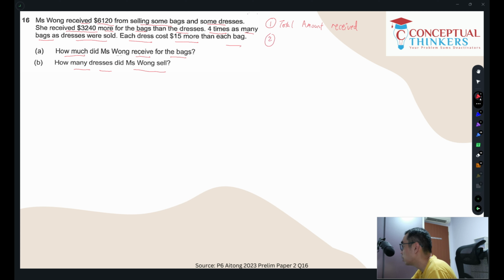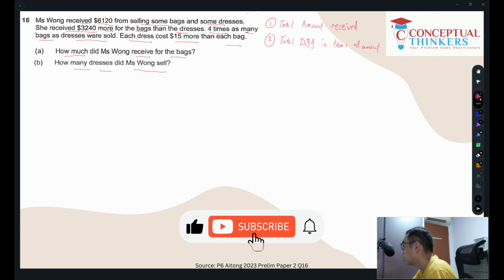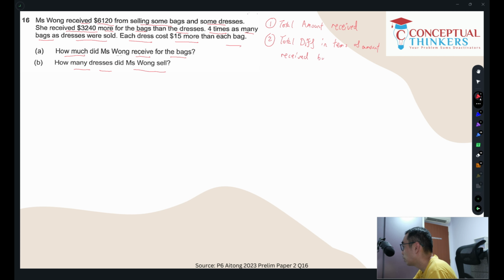The second thing they tell you is the total difference, in terms of amount received by each category. The category here refers to the bags and the dresses.